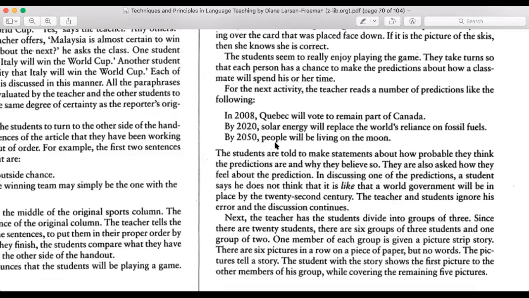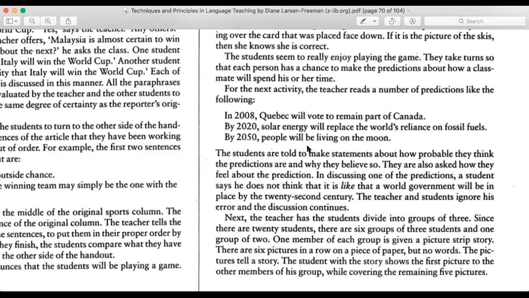Previously, when they were working with the sports column, of course, they did not have much space or freedom to discuss, because the predictions were already made by the writer of that sports section. But here the teacher gives them the option to discuss this prediction according to their opinion.